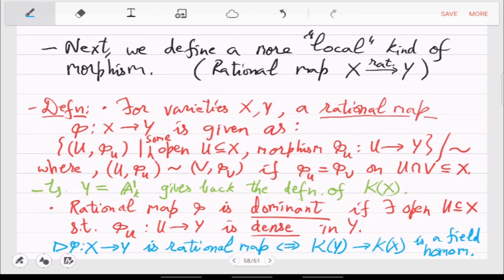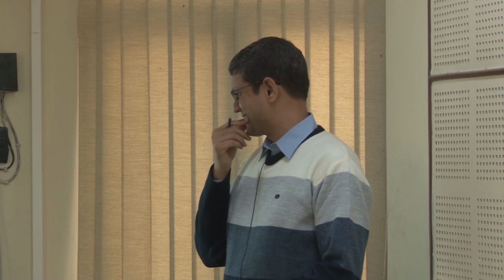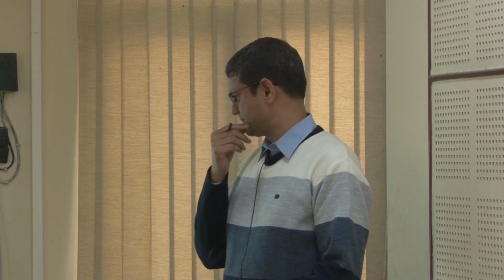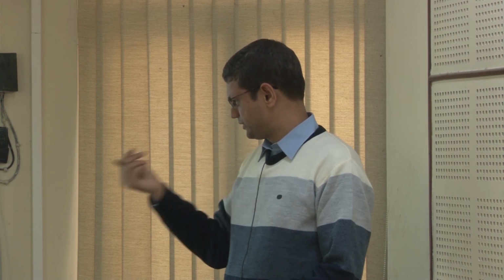Basically, you take any function f, which will be like g over h on some open patch, living in K_Y, and you can see that through phi you can pull it back on X. Say this f equals g by h was on V, so you look at phi inverse of V.